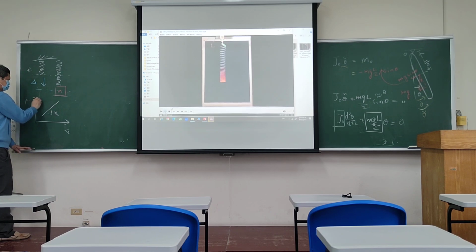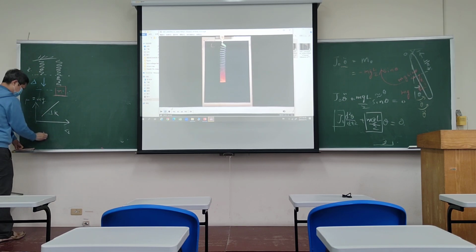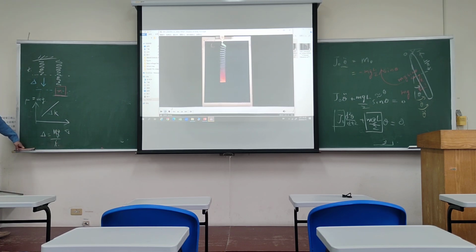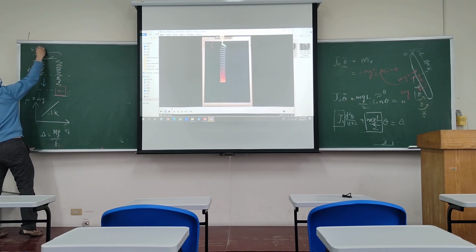What is the force here? This is your mg here. So your extension is now your mg divided by the spring constant. So for this section, you say it's a static loading.